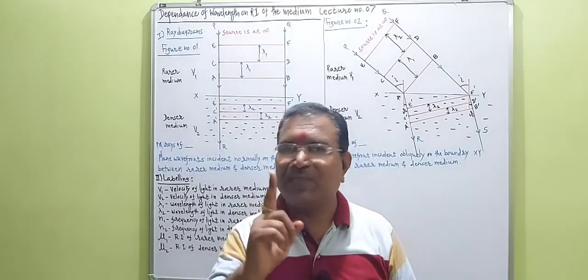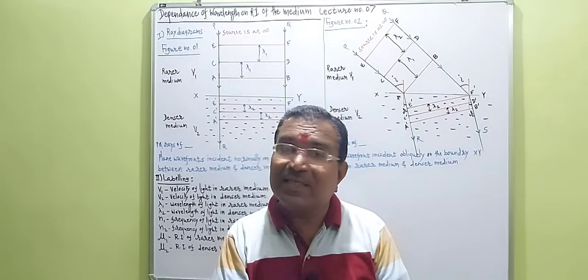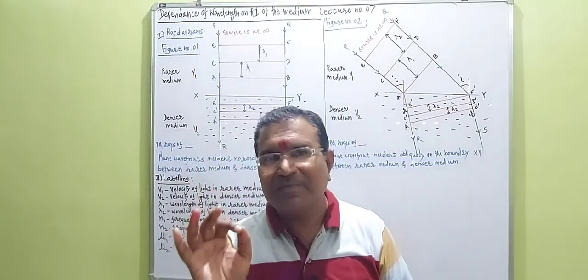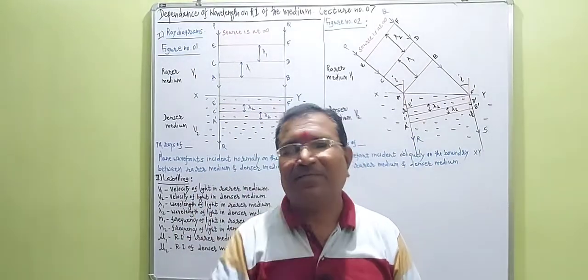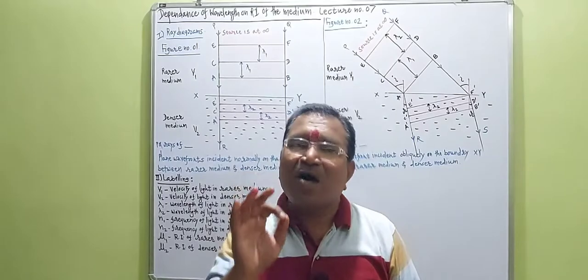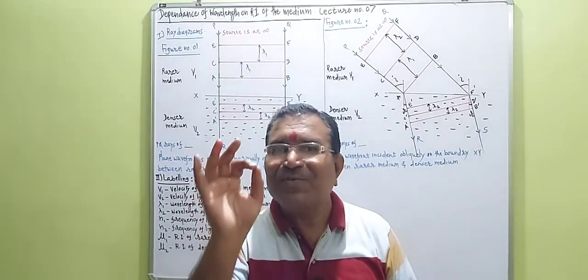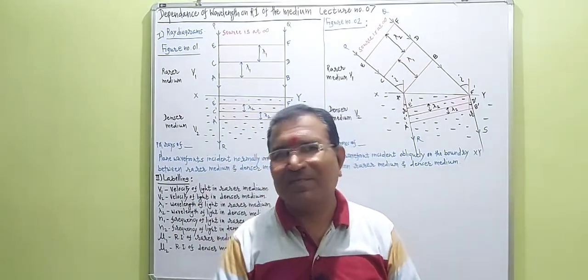This is our first question. I will repeat this question again. What is the effect of refractive index of medium over the wavelength of light, or how does the wavelength depend on the refractive index of the medium? This is our first question.